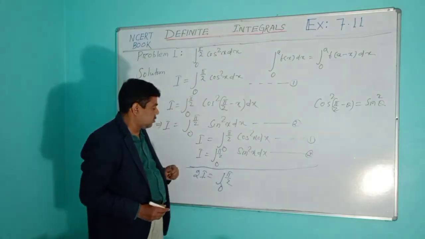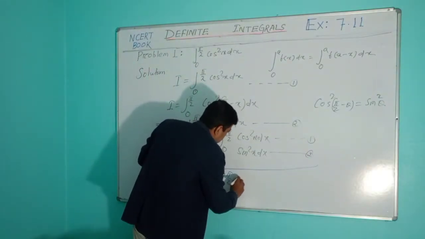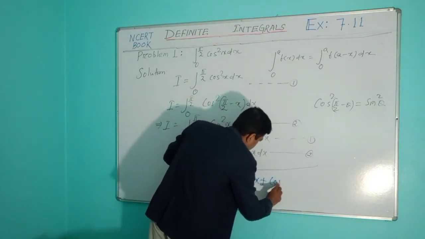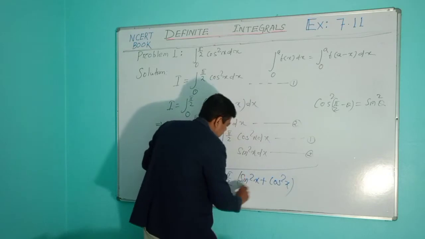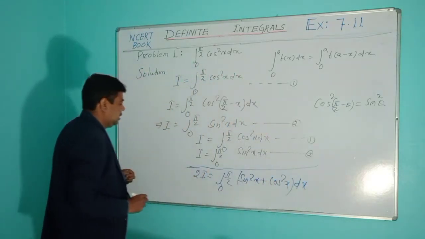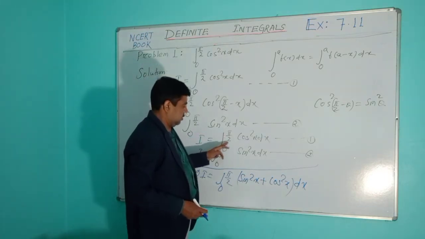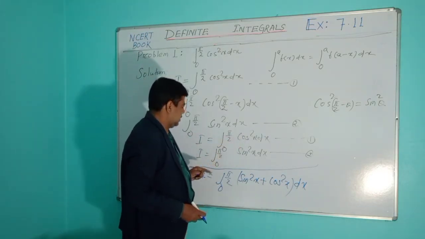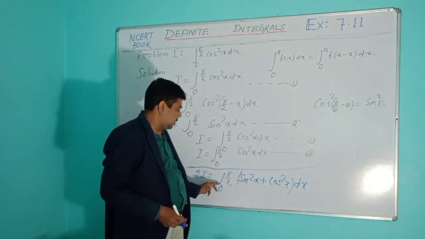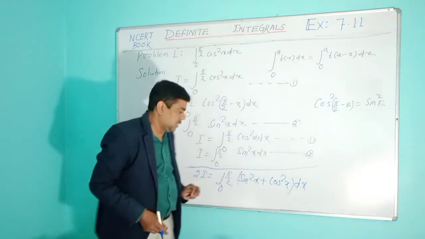The integration of 0 to pi by 2 can be taken as common, and it will be sin square x plus cos square x dx. Understand or not?